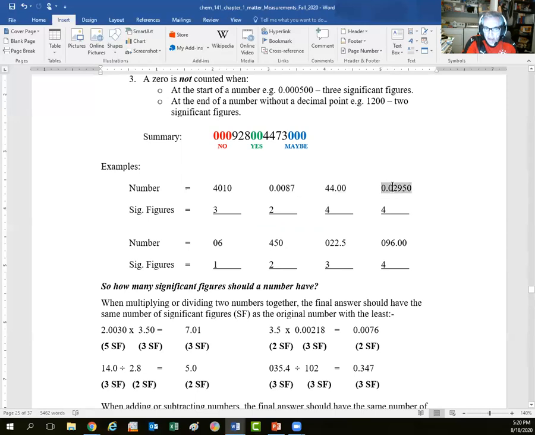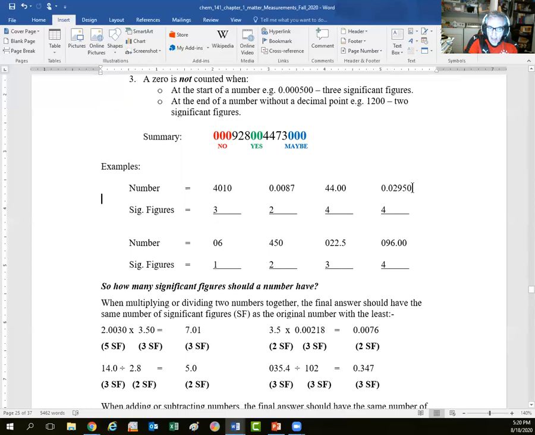We don't include the zeros at the beginning, but we do include the 0 at the end because of that decimal point. Doesn't matter if the decimal point is way back on the left or further to the right, as long as it's there somewhere, we will include zeros at the end after the last non-zero number.